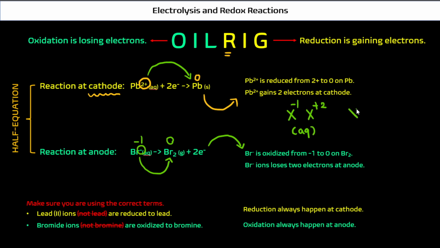But when your substance is either solid or liquid or gas, your charge is always neutral, which means that it is 0. So make sure that you are learning this information.